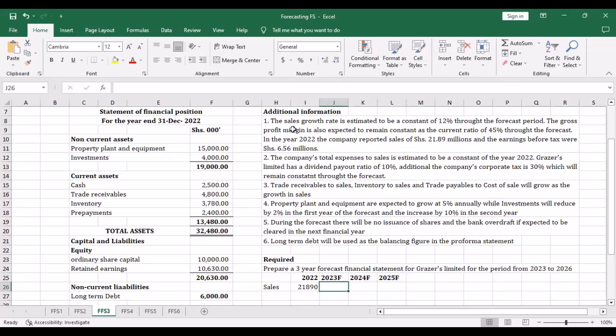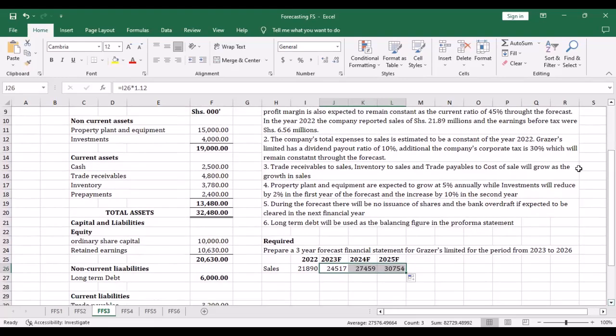Then we've been told the sales growth rate is expected at a constant of 12% throughout the year. So from 2022, we multiply by 1.12, the 12% plus 100%. Then I just drag.